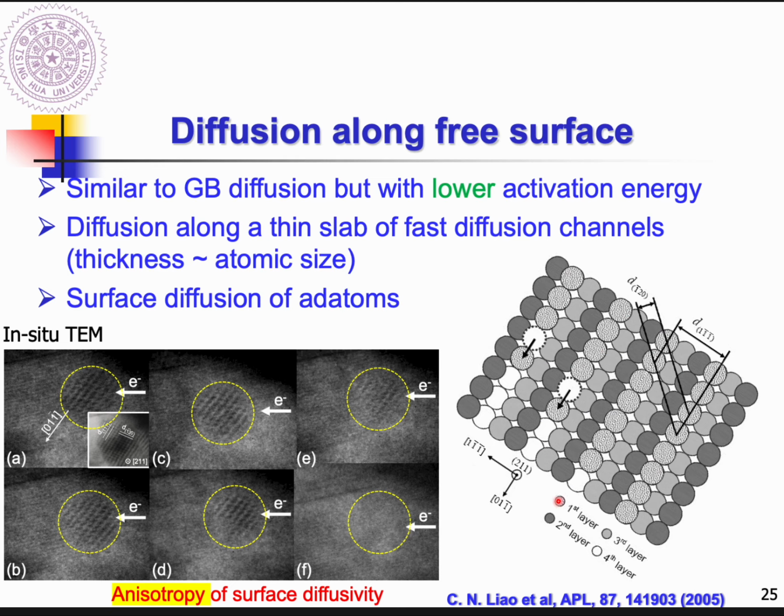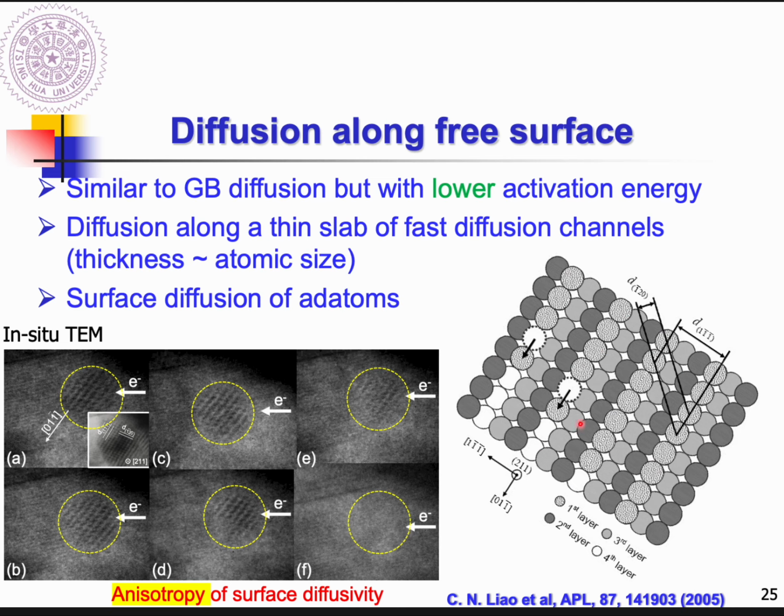In this simulation he used different colors of atoms to represent different layers of copper. We can find that when the electron flow is applied, the first layer of atoms can move away or diffuse through these channels along 0, 1, 1 bar.